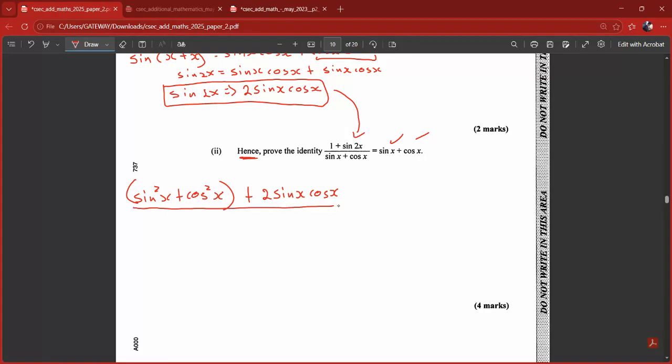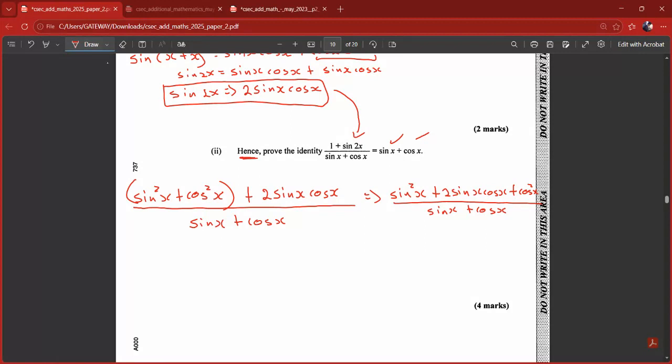This is all over sine of x plus cosine of x. So what I'm going to do here now, I can write sine squared x plus 2 sine x cosine x plus cosine squared x, and I'm dividing this by sine x plus cosine x.